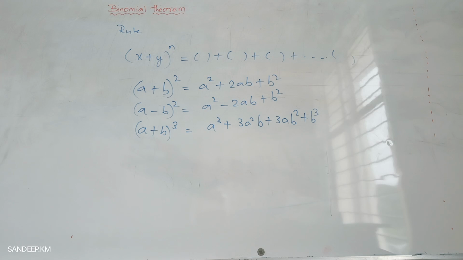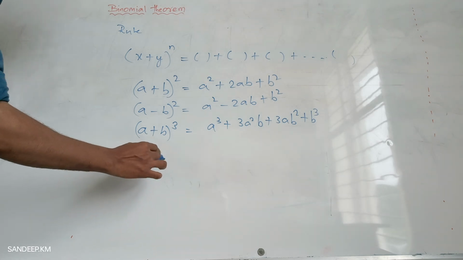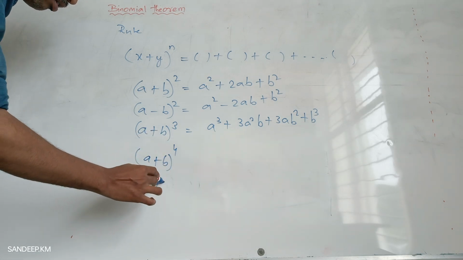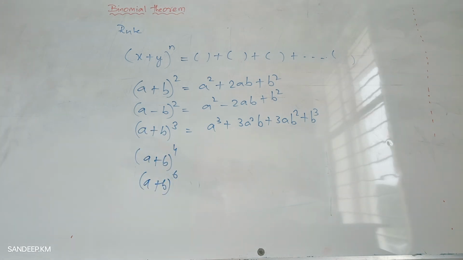Now what if you are supposed to remember a plus b whole power 4 or a plus b whole power 5 or a plus b whole power 6 and so on? So we cannot remember or we cannot learn by heart each and every expansion, correct or not? So we should learn how to write these kind of expansions directly and easily.